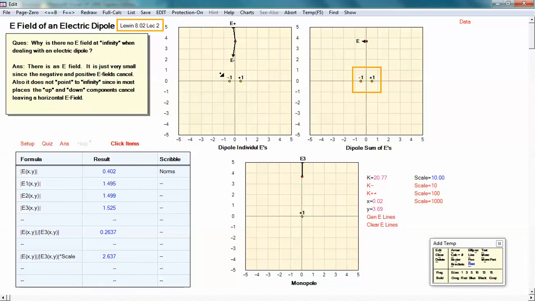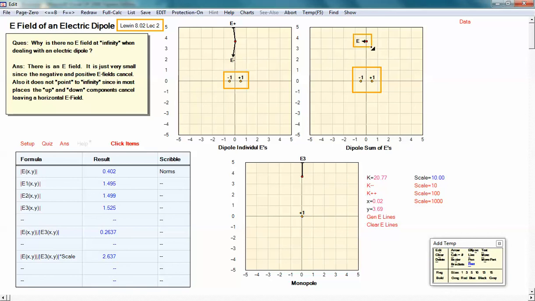Going back over here, we have the same charge configuration, but we look at the constituent E fields. The positive charge gives rise to an E field pointing away from the positive charge. The negative charge gives rise to an E field pointing towards the negative charge. If you sum them up, you get this E field over here.